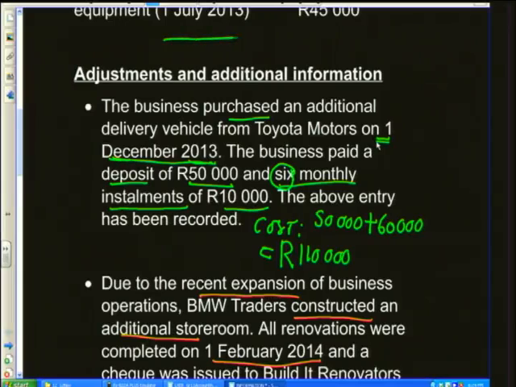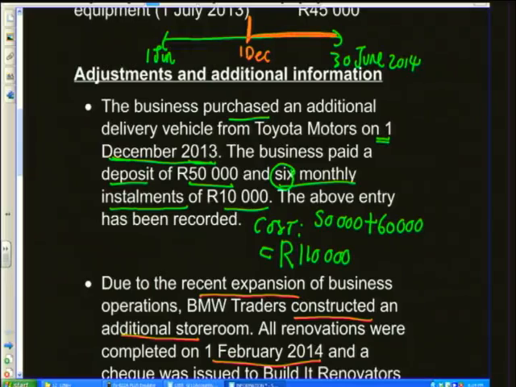So if I had to put this information on my timeline, remember my financial year starts on the 1st of July and ends on the 30th of June, 2014. And if we look at December, December is obviously 1st of December, so somewhere here. Right, so I purchased the vehicle on the 1st of December, which means the business used the vehicle or owned the vehicle for this time only.